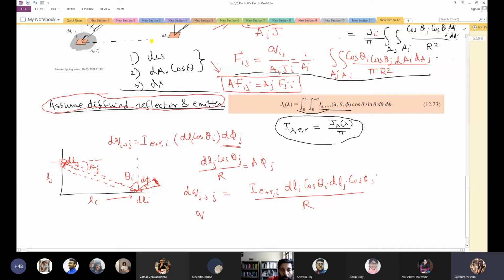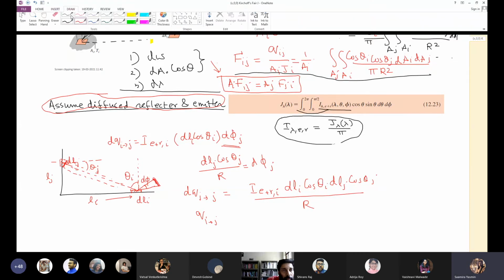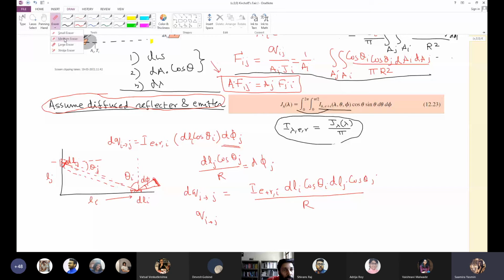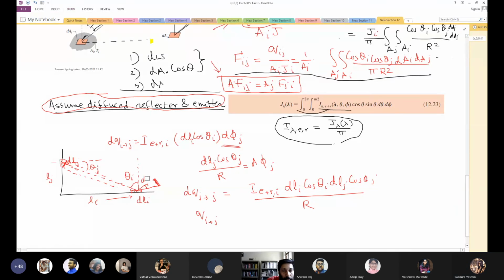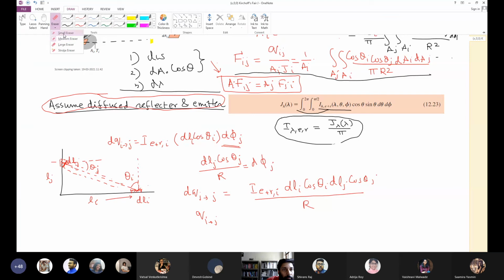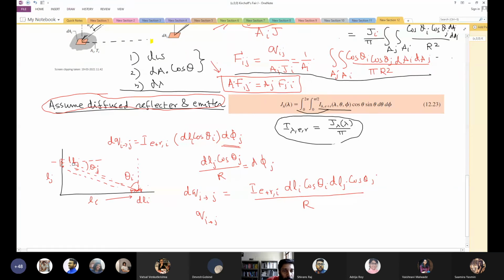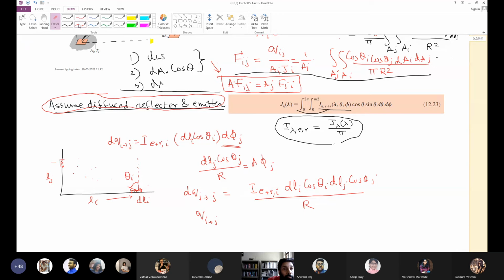Sir, which angle is d phi j? Which one? D phi j. Can you show it in the diagram? Yes, yes. Better to show it here. I have drawn these on the wrong side, the left side.